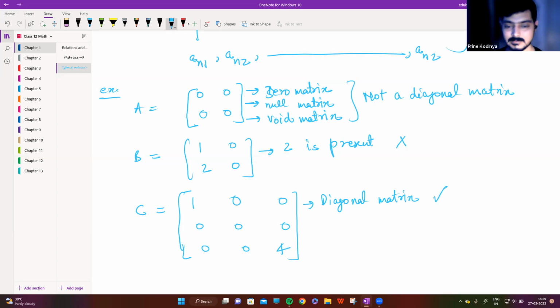Now, what about this? Is this a diagonal matrix? Yes, sir. Still a diagonal matrix, right? Cool.